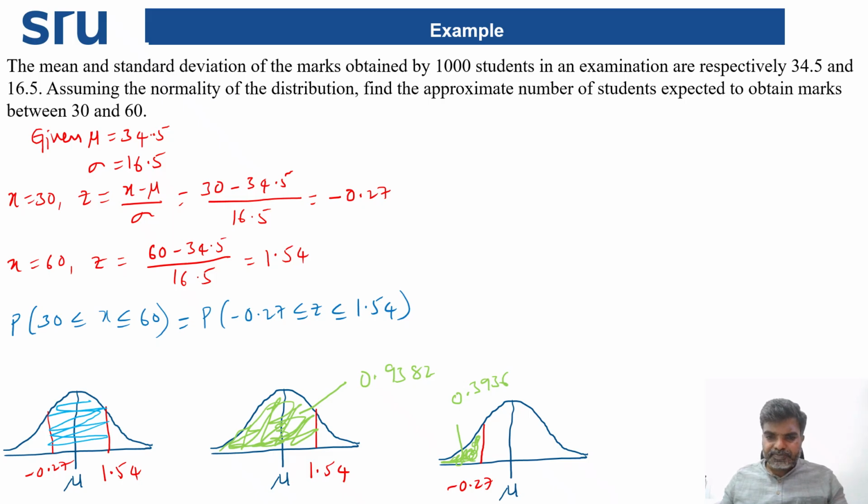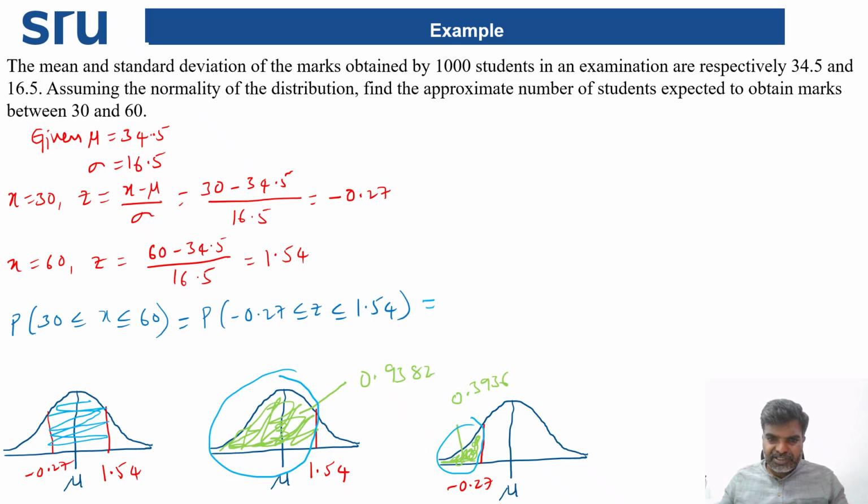Now we have to find the area between minus 0.27 and 1.54. From this total area we have to subtract this part. That gives the required area. So what is the value here?